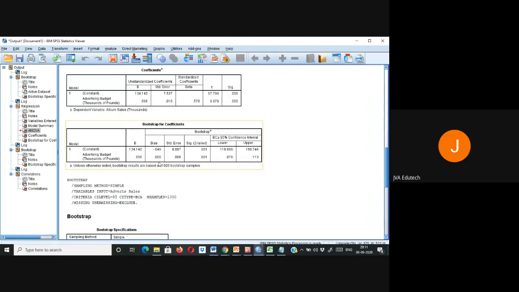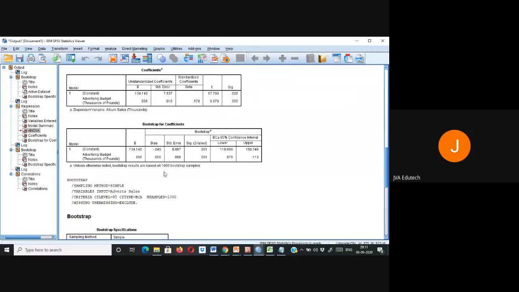This is a constant which tells you that even if x is equal to 0, meaning no money is spent on advertising, then also 1,34,140 albums will be sold. Are you getting my point?